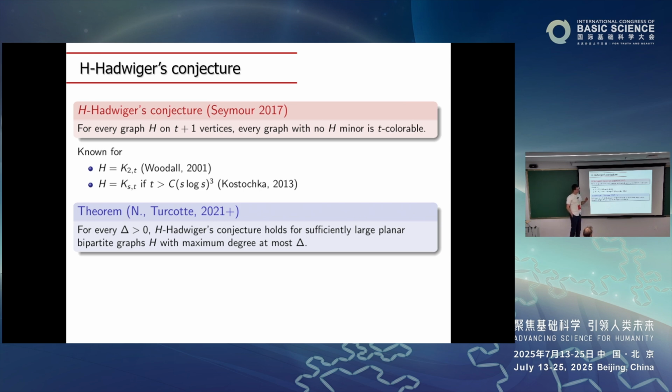What we really proved is that for these graphs H, the degeneracy method works. So for this graph H, if it has t plus 1 vertices, every graph with no H minor is t minus 1 degenerate. So just degeneracy works.